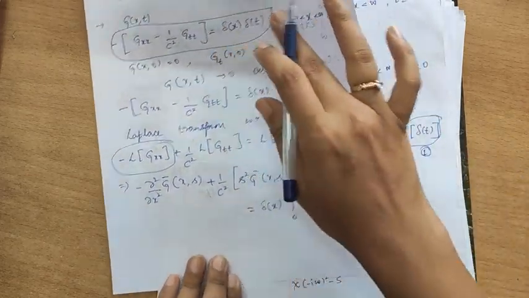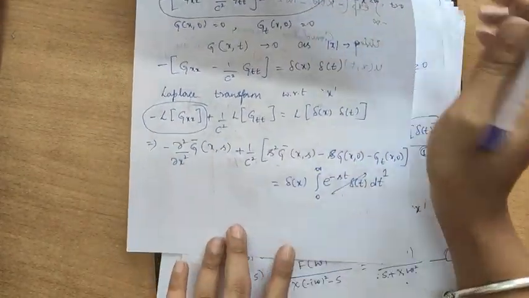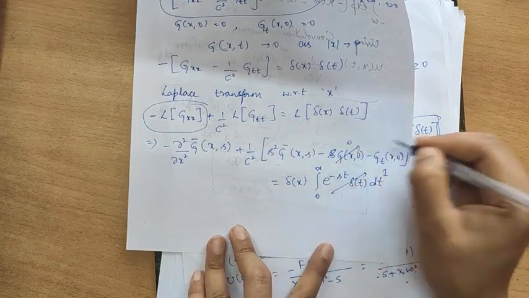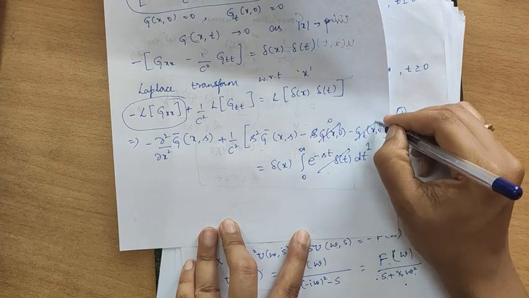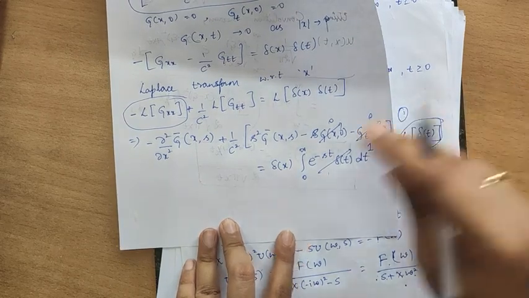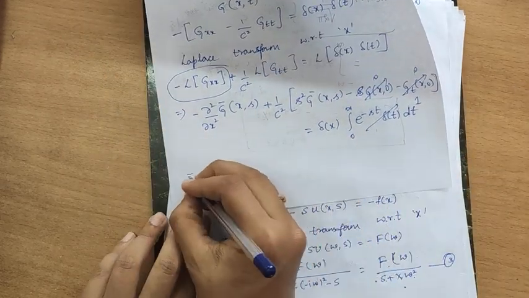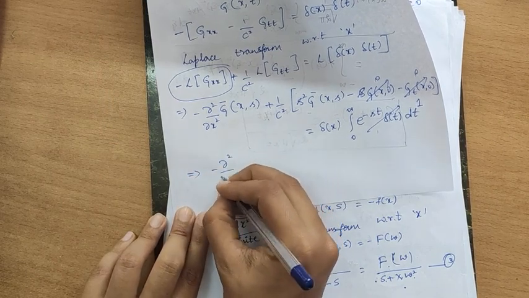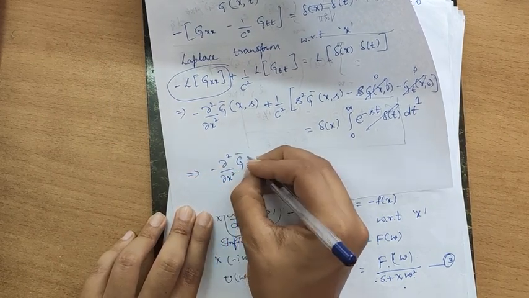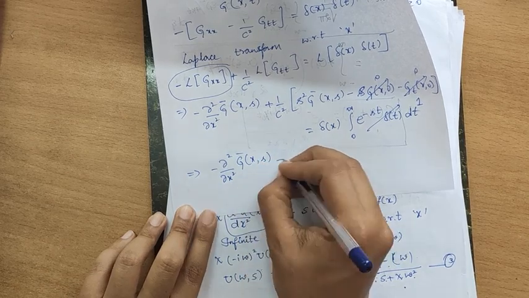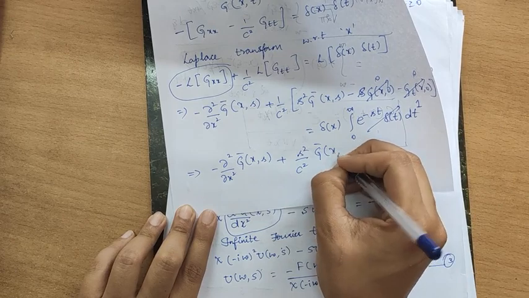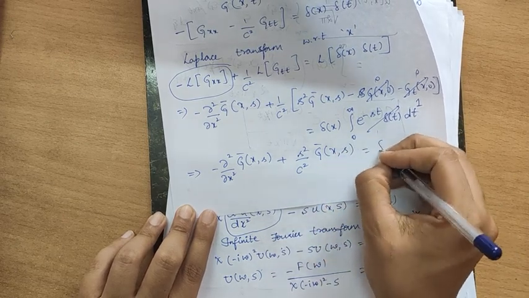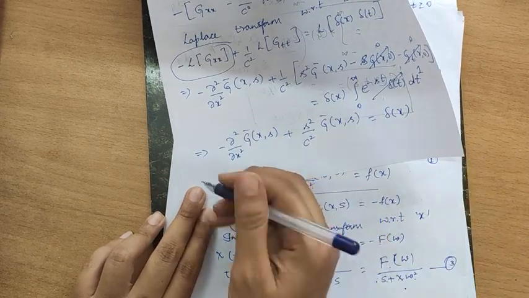Now, from the initial condition, g of x comma 0 is 0 and g_t of x comma 0 is 0. So you will get minus dou square by dou x square g bar of x comma s plus s square by c square into g bar of x comma s is equal to delta of x.